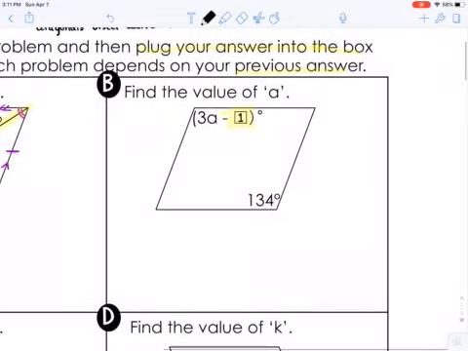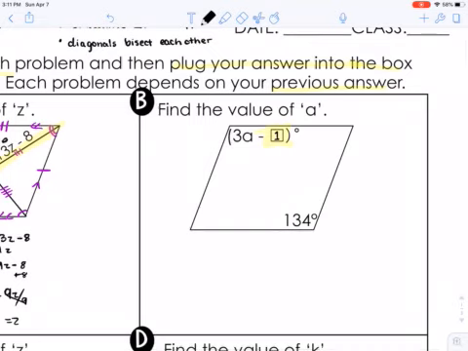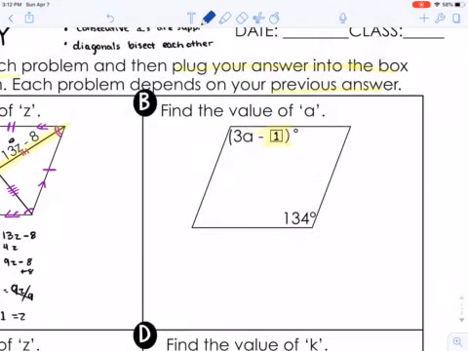In this problem, we're asked to solve for A. Well, how am I going to solve for A? Well, we have a parallelogram, so we're going to mark our properties and see how to set up our problem. Either part equals part, or part plus part equals whole. So those opposite sides are congruent and parallel. I've marked that.